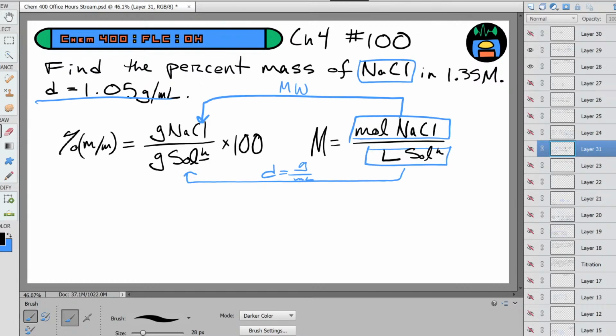You'll recall that the percent isn't just grams of sodium chloride over grams of solution. You've got to multiply by 100.